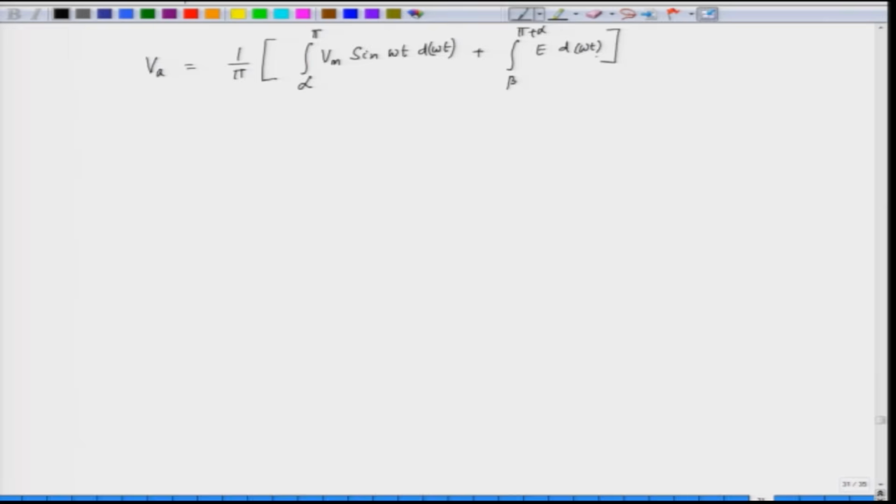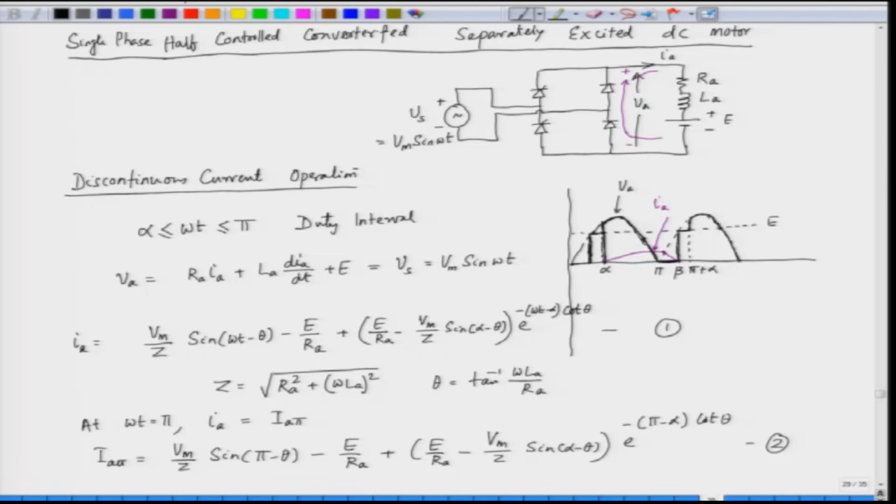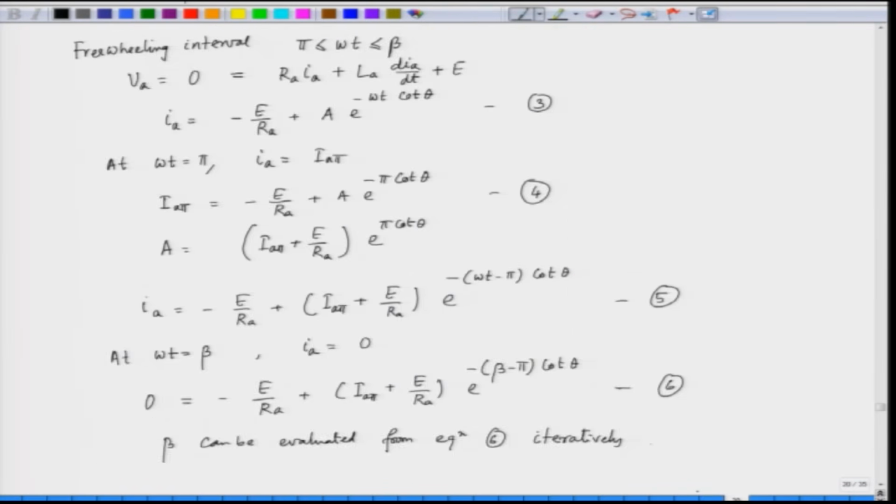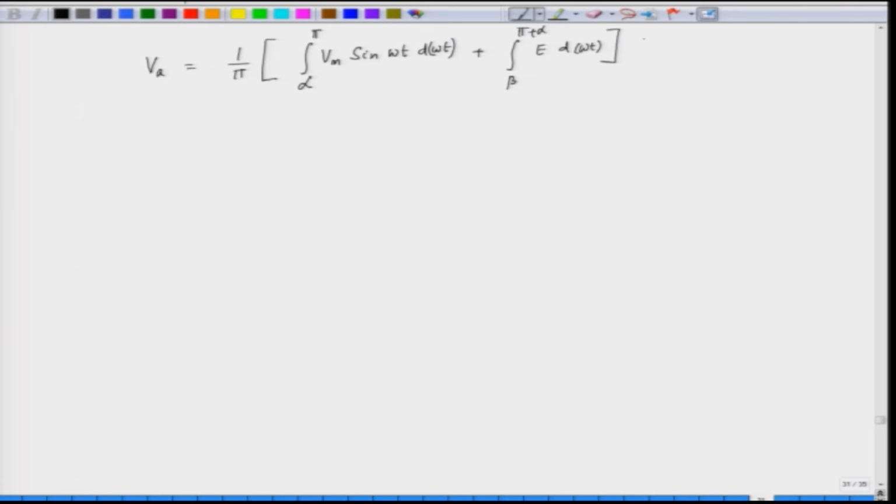If we see the voltage waveform, the voltage from alpha to pi is V_A, then the voltage is 0, and then the voltage is again a finite value, E, from beta to pi plus alpha. If we solve this equation, we get the average value of the output voltage for discontinuous current operation for a half controlled bridge converter.